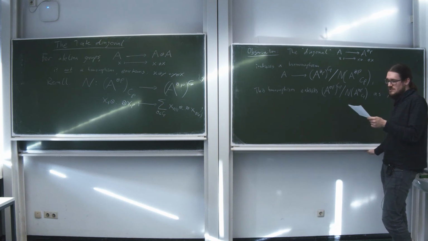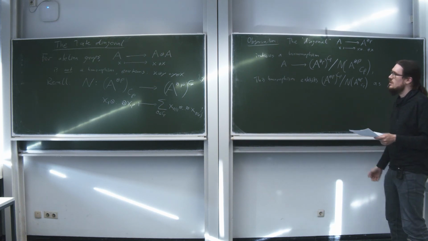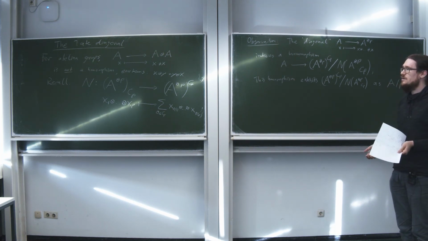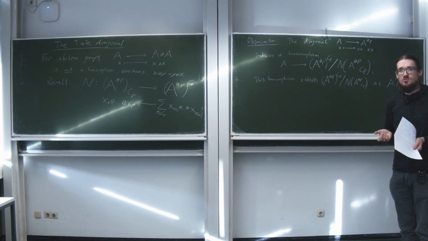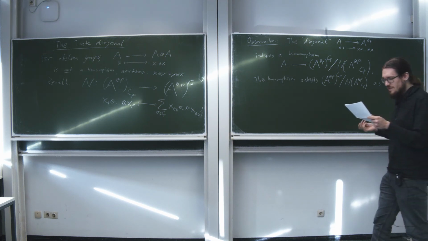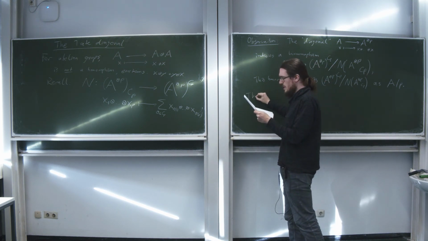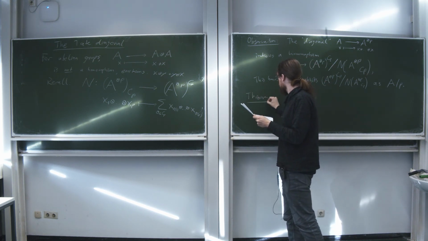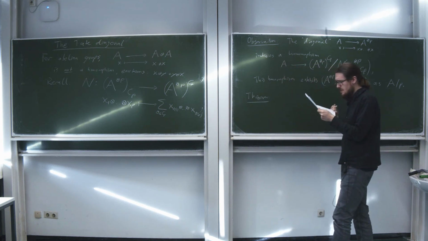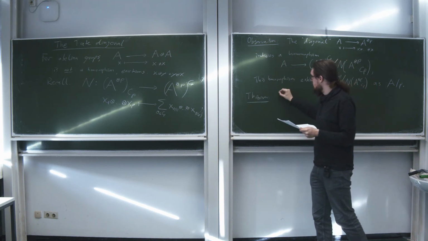So this is the blueprint of what this Tate diagonal in spectra is supposed to be. Let me give you the corresponding theorem right away. The theorem is the following.